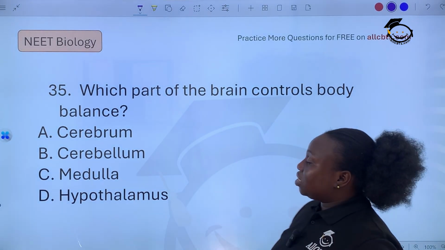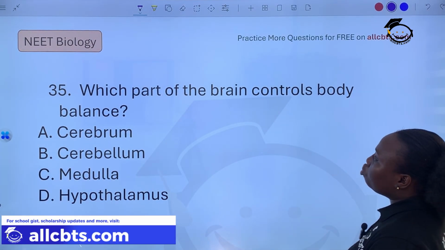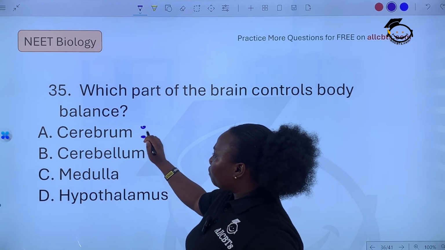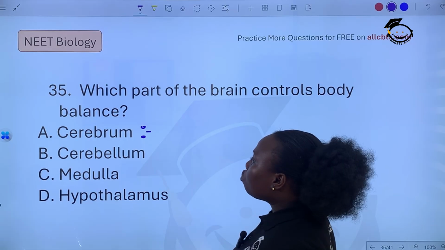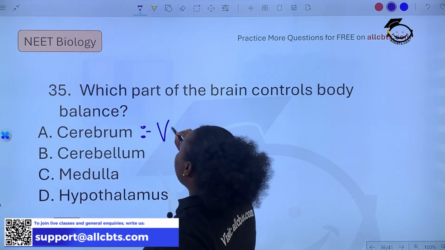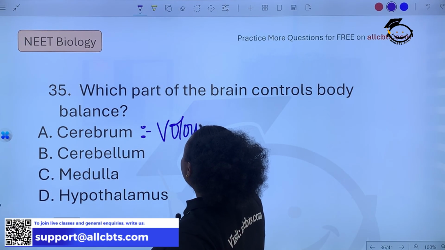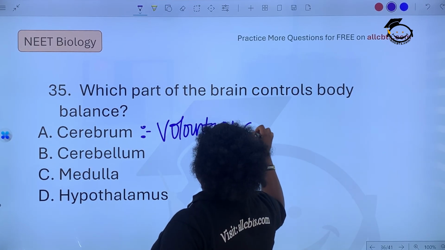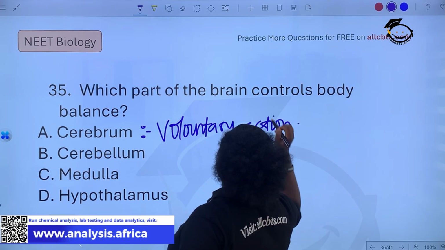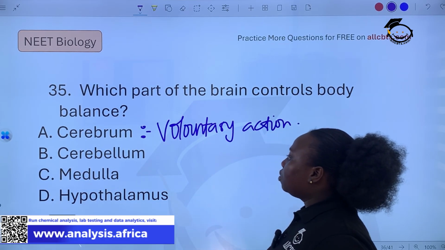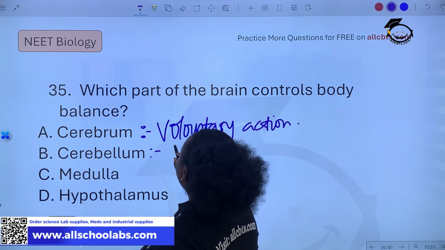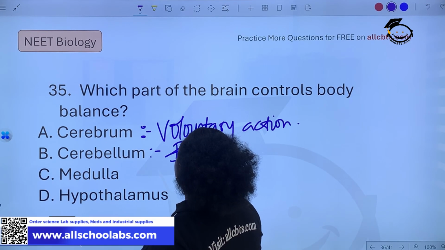Number 35, which part of the brain controls balance? A, the cerebrum. Now, the cerebrum controls voluntary actions. And what are voluntary actions? These are actions that we do knowingly. For example, thinking. You think knowingly. Then we have the cerebellum. Cerebellum is for balance and movement.